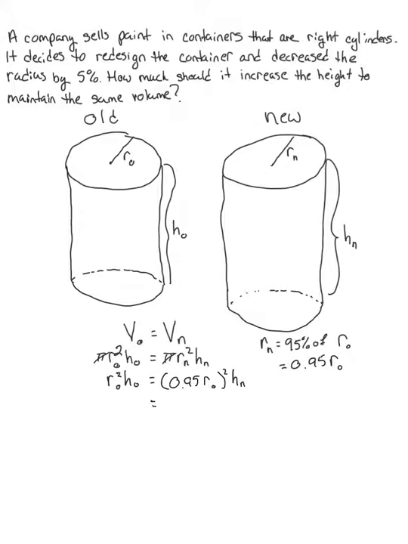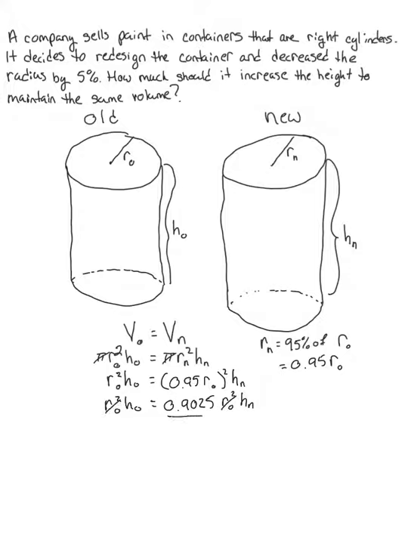And 0.95 squared is equal to 0.9025, but we also have to square RO. So we got that. And just so we can keep everything on the same level, we got that. So now we have the RO's cancel on both sides.